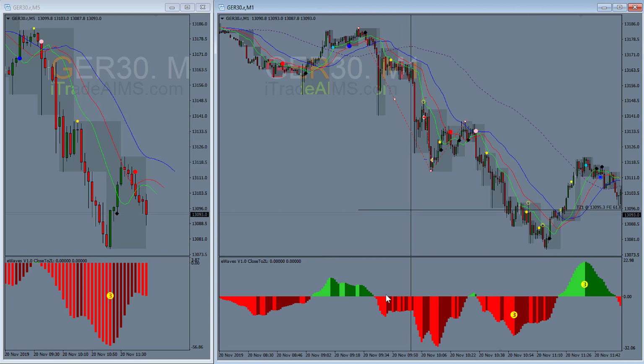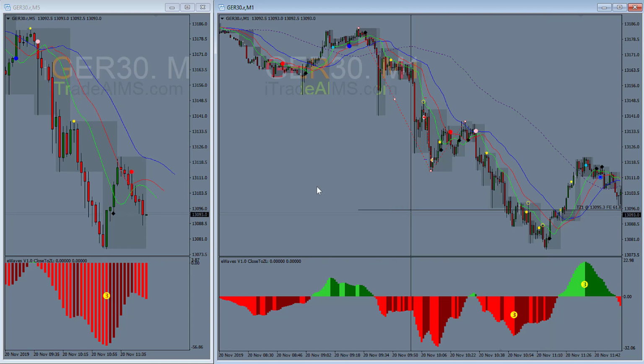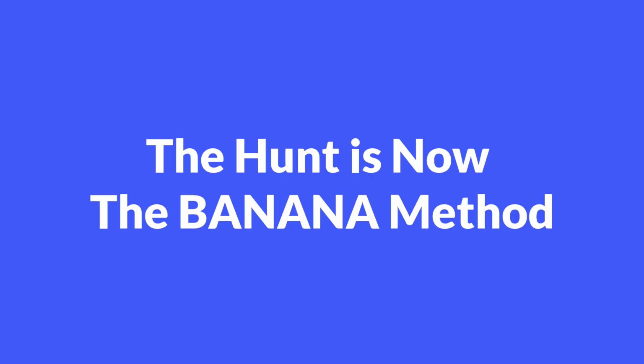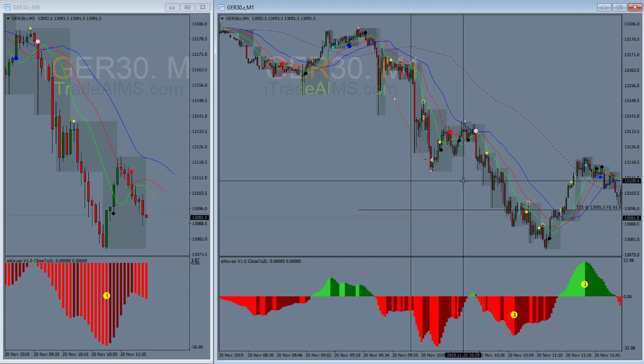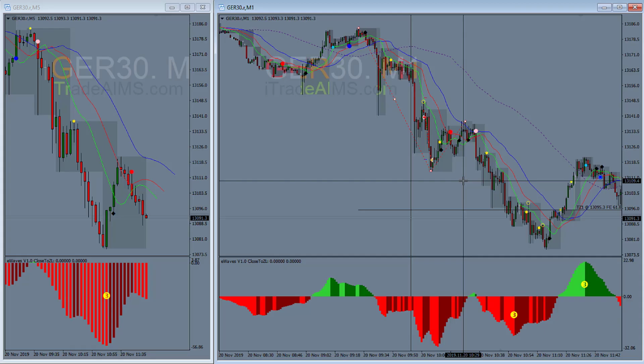So if this is one sequence, 3, 4, 5, this whole sequence took 104 candles. Now this is where hunt came into being. So what I did is that I used to take trades here and here all the way, but I plotted all those trades, 4, 5 years of data, blown away. I was like, bloody hell.